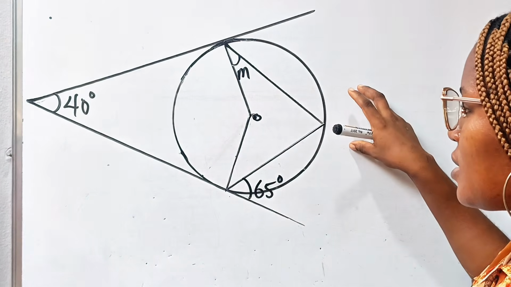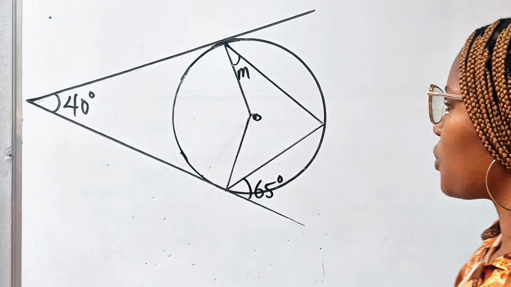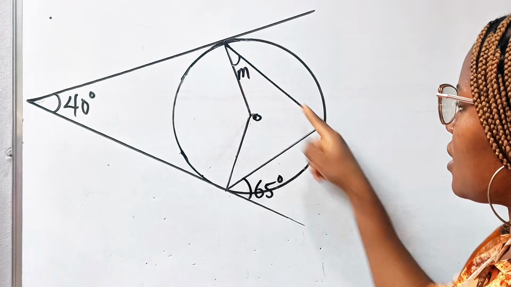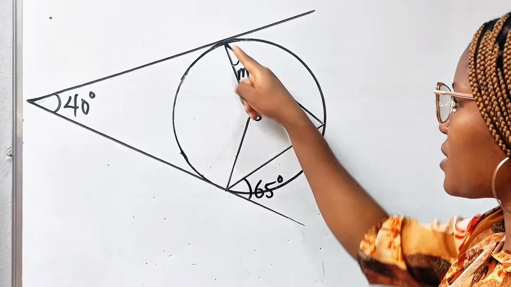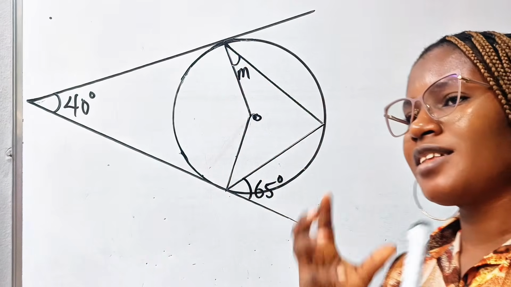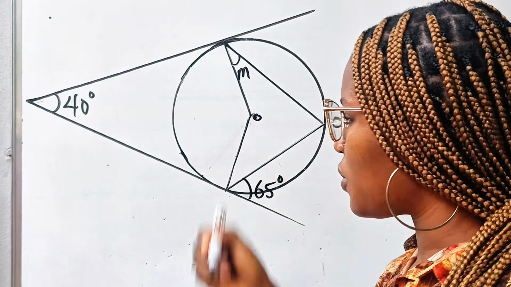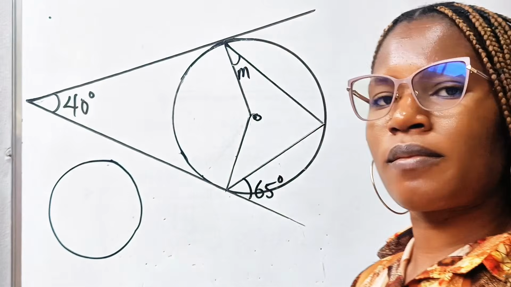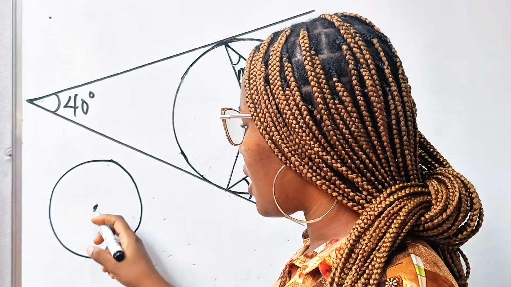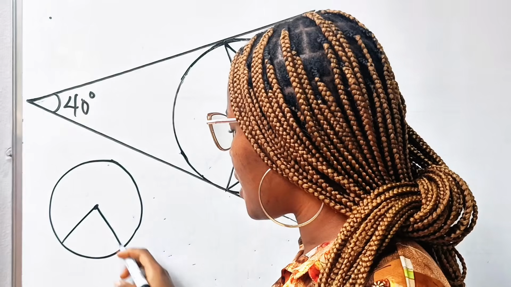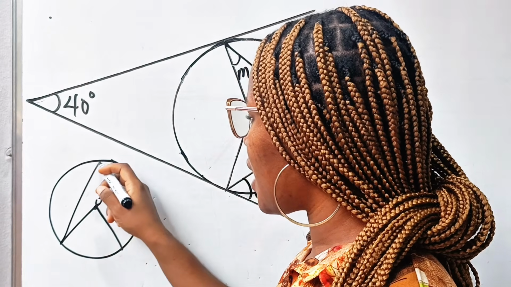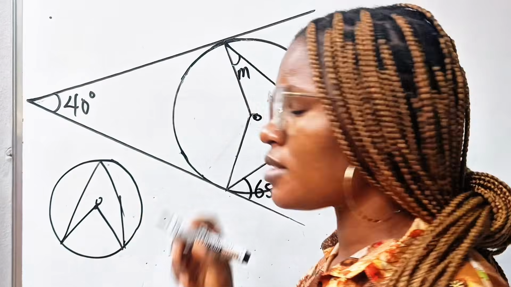Now, if you look at this, first of all, you are seeing this coming from the center and then touching the circle, just like this triangle you are seeing inside. This is giving you a hint that you are going to make use of the circle theorem that states that the angle an arc subtends at the center is 2 times the angle it subtends at the circumference.